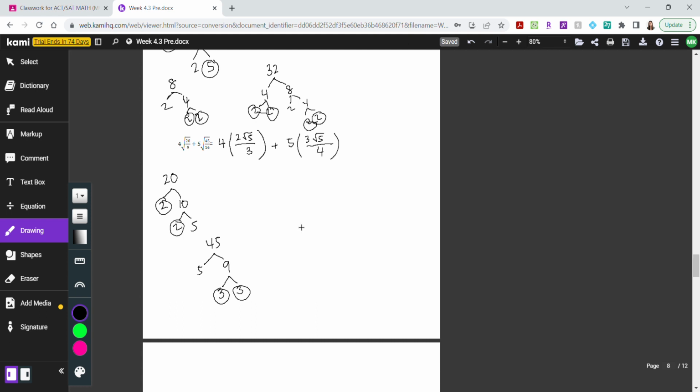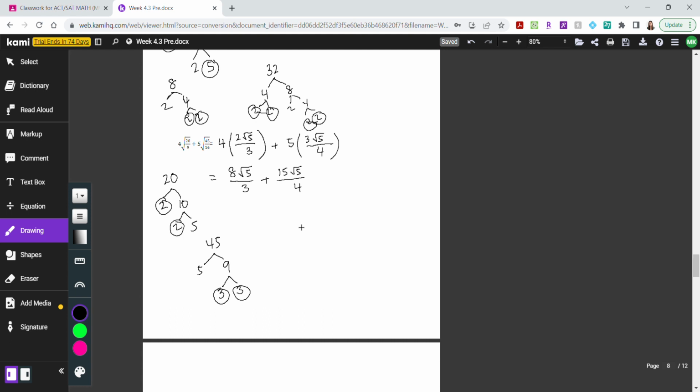All right. Then from here, let's multiply our coefficients. So we're going to get 8 square root 5 over 3 plus 5 times 3 is 15, so 15 square root 5 divided by 4. All right, now we're not done here.